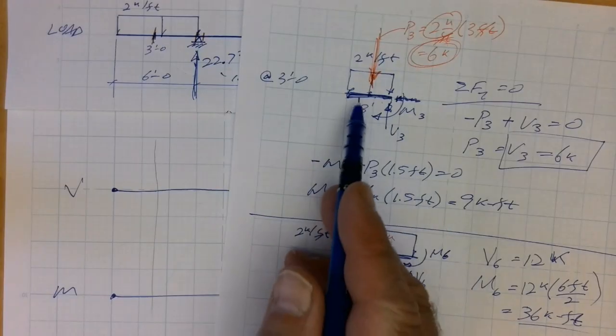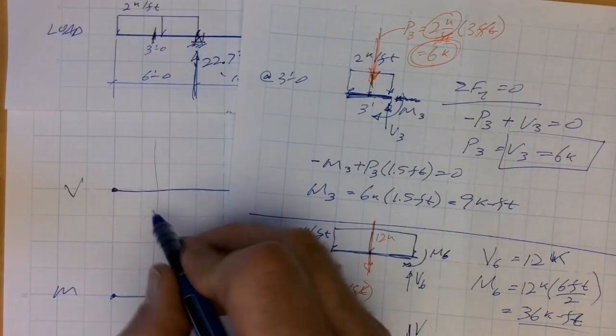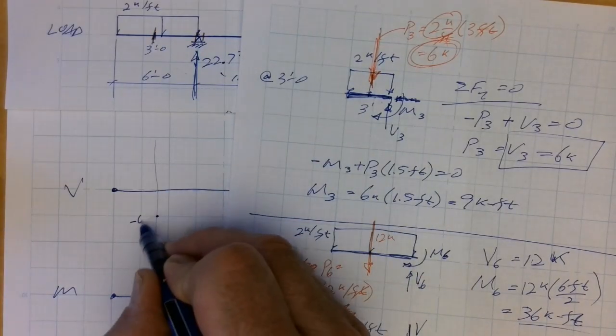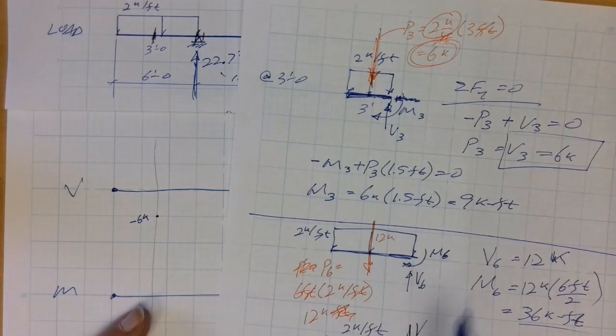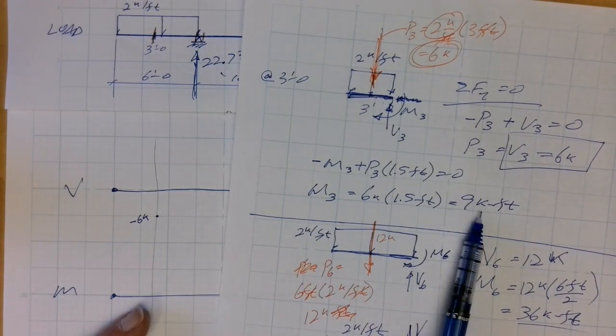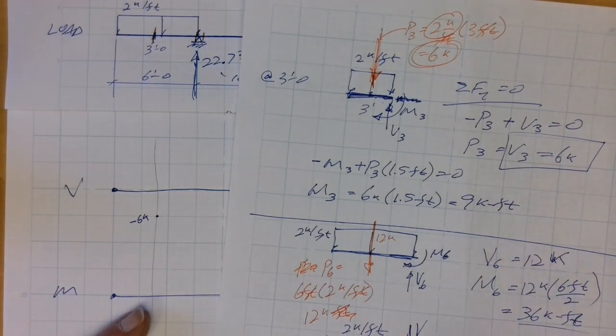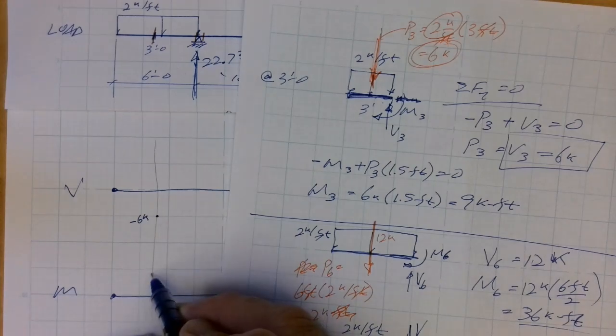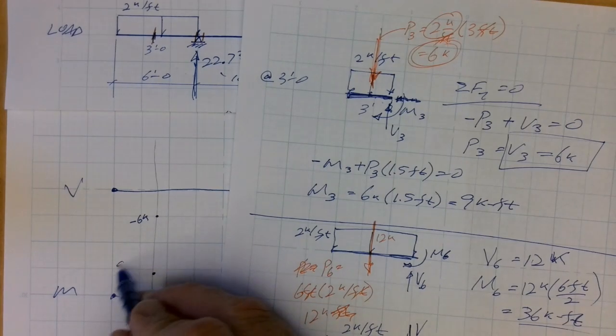And I'm going to draw this as negative because this shear is going down. And then we calc that our moment was 9 kip feet. I'm going to draw that positive because that's how it should be.